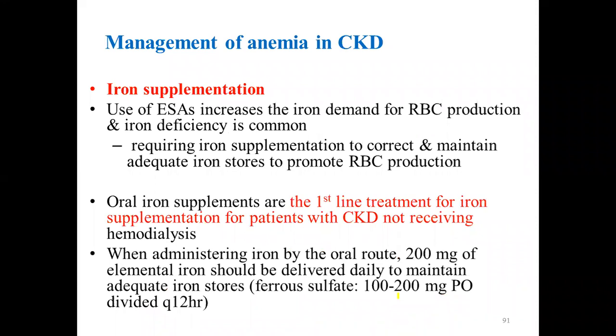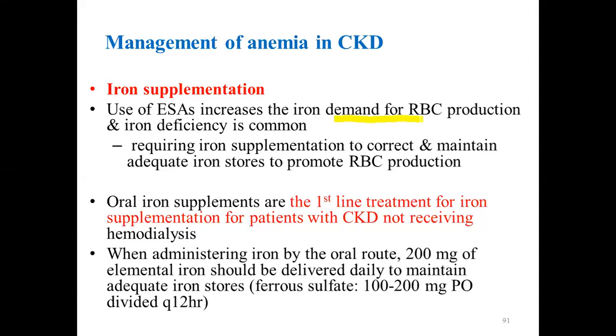Okay, then use of erythropoietin increases iron demand for RBC production. Apart from that, another point to note: the moment you are replacing erythropoietin, the demand for iron for RBC production will be increased.